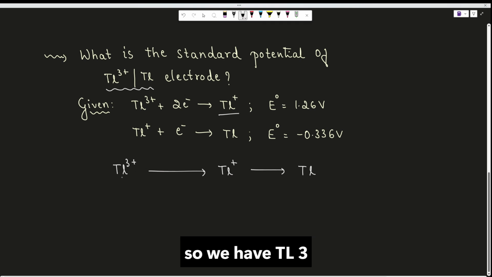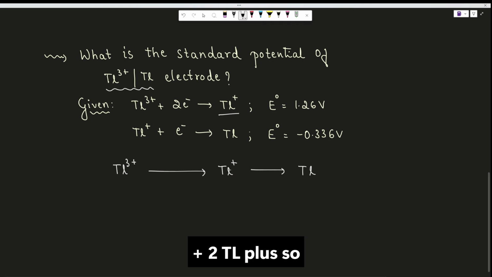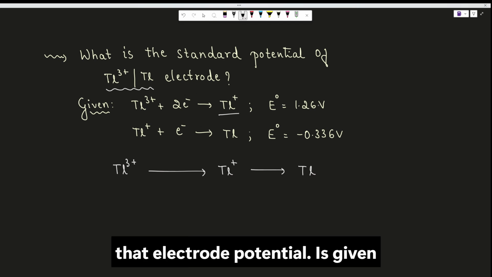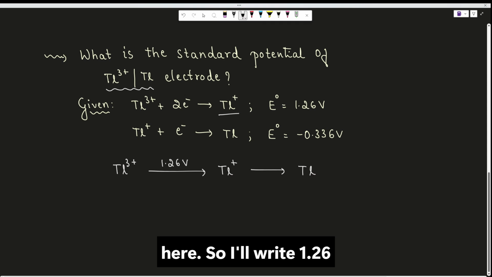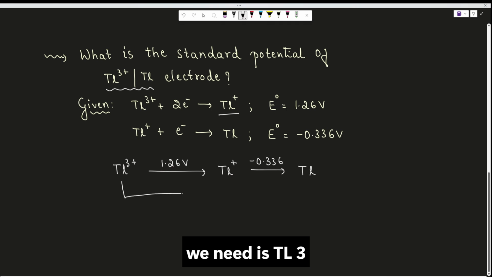So we have Tl3+ to Tl+, and that electrode potential is given here. I'll write 1.26 volt. And then Tl+ to Tl is also given, now it is minus 0.336. Now what we need is Tl3+ to Tl.